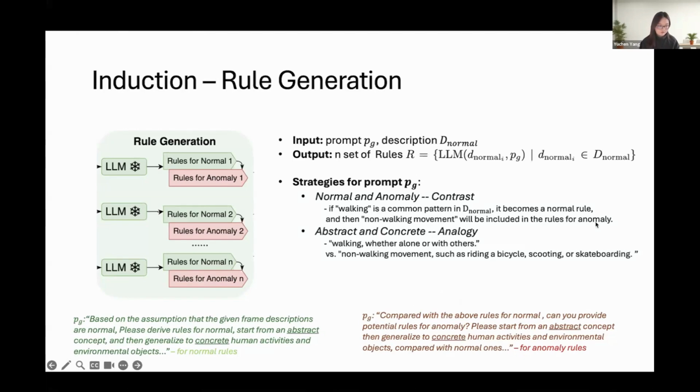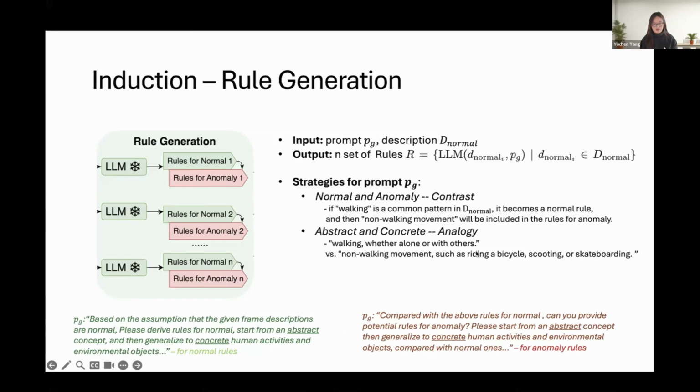The second strategy is abstract and concrete. We ask the model to start from the abstract concept and then generalize to concrete human activities or environmental objects. For example, walking, whether alone or with others, or non-walking, such as riding a bicycle, scooting, or skateboarding.